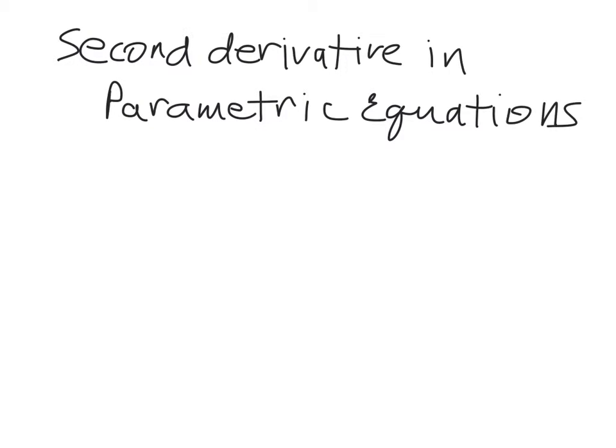Today we're going to take a little bit of a step beyond what our Think Well material talks about, dealing with the second derivative with parametric equations. We've seen the first derivative and how to calculate it using the parametric equations, and of course the first derivative talks about where the function is increasing or decreasing.